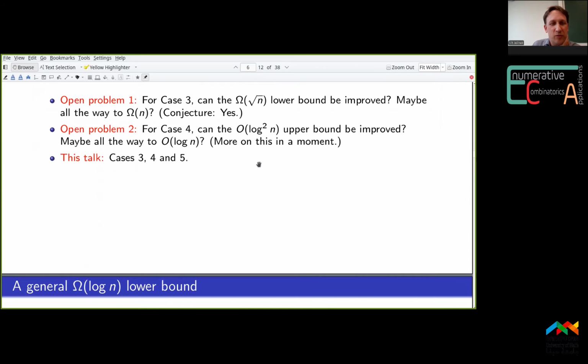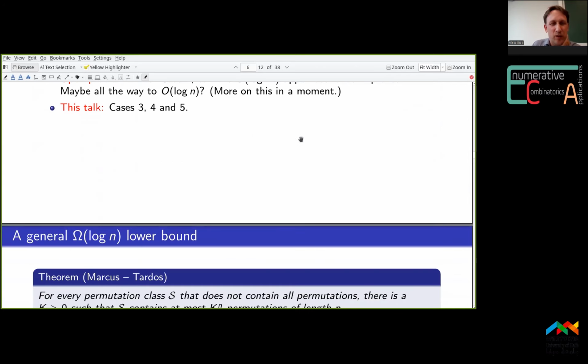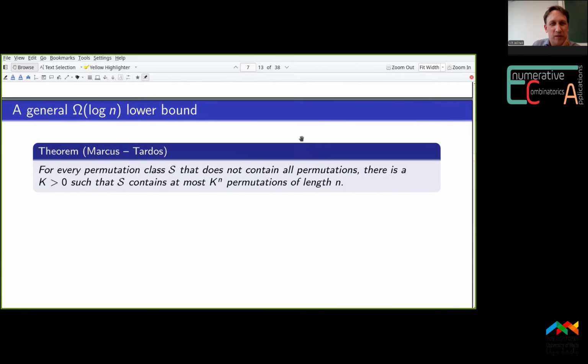That's actually a very simple argument. I will show it in full. Well, it's a simple argument if you know the theory, and an important part of the theory here is the Marcus-Tardos theorem.